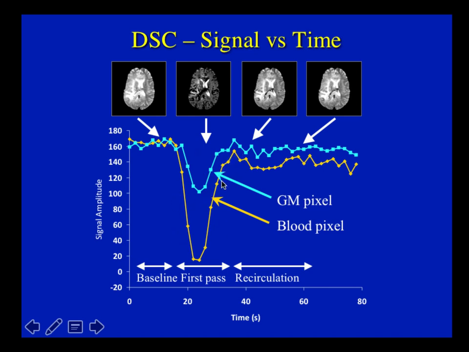This signal intensity loss that we see initially is due to the first pass of the bolus through this particular slice. After the first pass, we sometimes see the recirculation of the contrast agent. That means the contrast agent washes out and then comes back again for the second time, and creates a much smaller signal loss compared to the first pass.